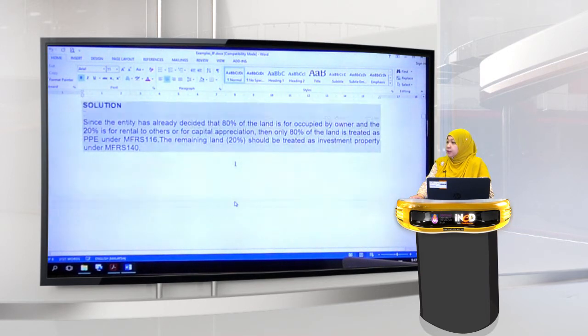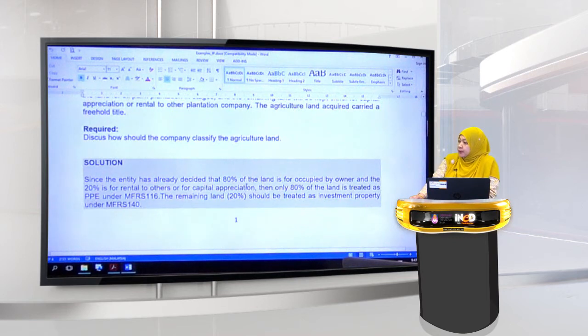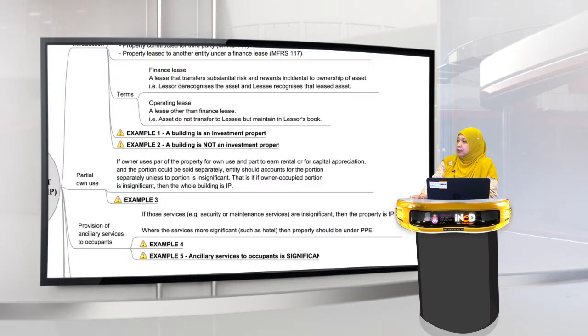However, if the land occupied by the owner is 20% and the remaining land, 80%, is held for rental or for capital appreciation, then the whole land should be treated as investment property under MFRS 140.